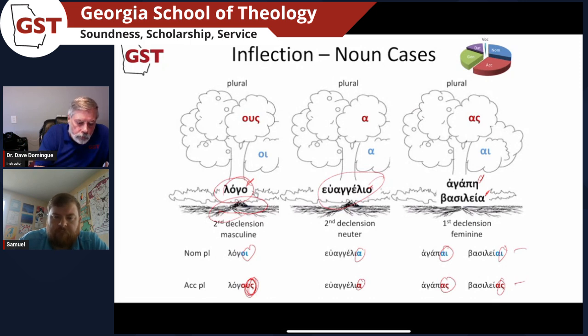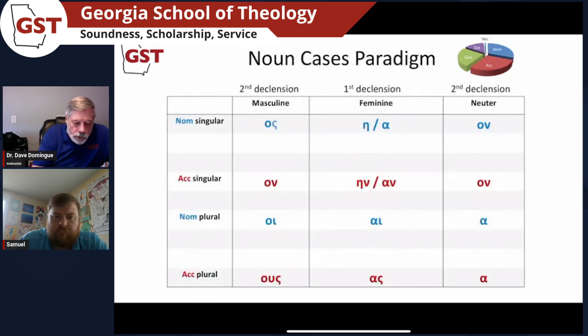Okay. All right, and so here you see it in this paradigm. This is how I learned it. It's not the smartest way to learn it, but I hadn't changed my slides, okay? So it's better to learn just the case endings. There's the upsilon sigma, and this is one of the reasons it's better to learn that. The sigma here, the iota, the noon, there is no case ending. The noon, the alpha and the alpha.